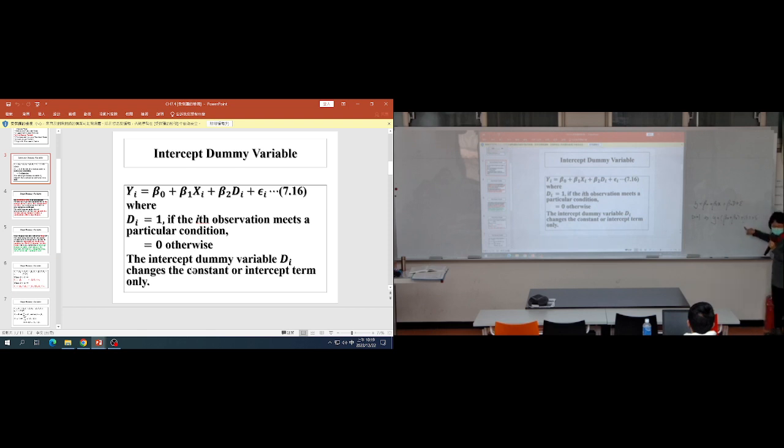So the model becomes this one. Then if D is equal to 0, y is beta 0 plus beta 1 x.